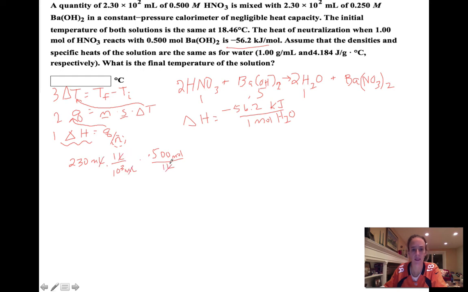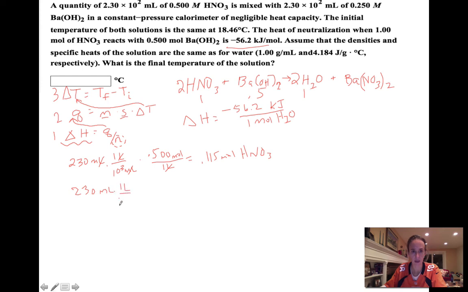Liters will cancel out, and then I'm going to end up with my moles of the nitric acid, and that's 0.115 moles of HNO3.